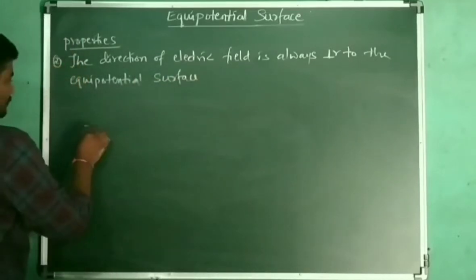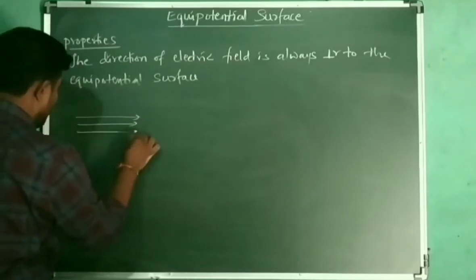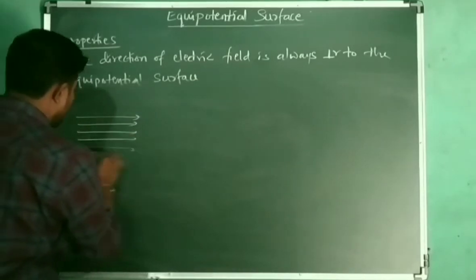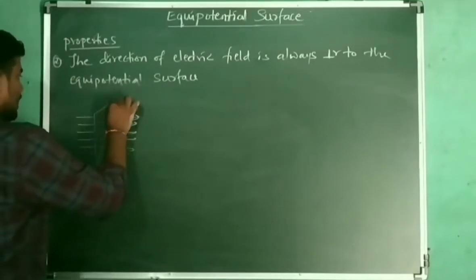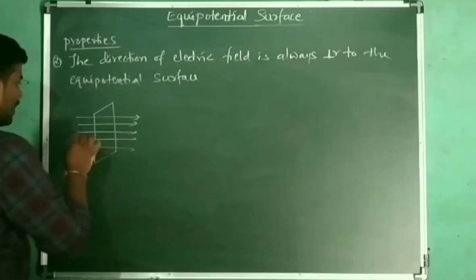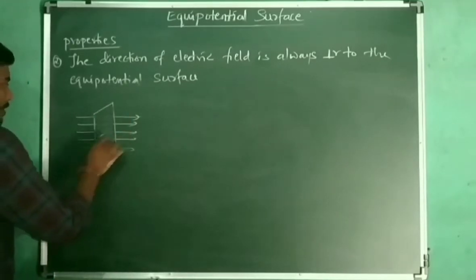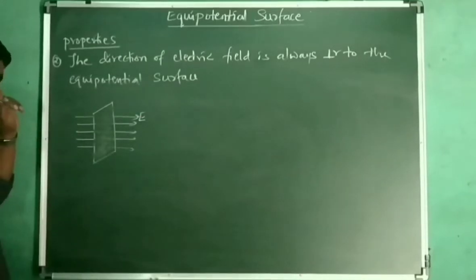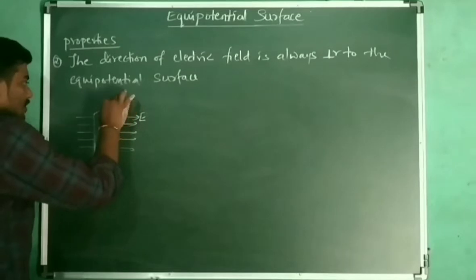See here. Once again, if I consider a uniform electric field like this, the shape of the equipotential will be like this, a plane. And see here, this plane is perpendicular to the direction of the electric field. Therefore this is treated as what?